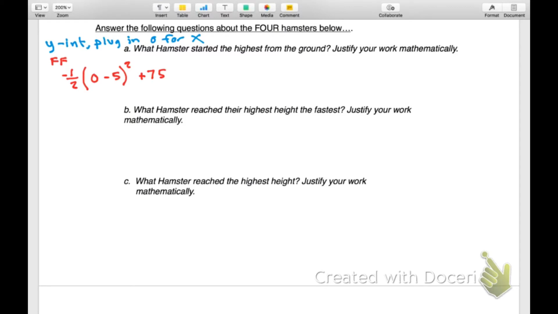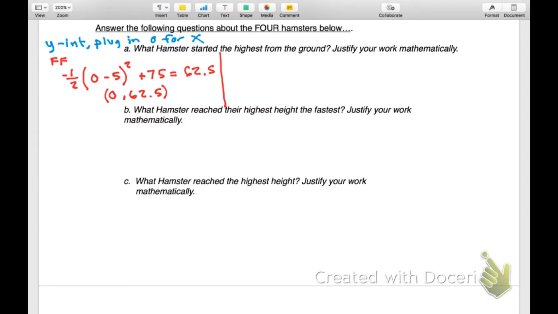I'll plug this into my calculator and see what I get. That equals 62.5. So we plugged in 0 and got 62.5, and that's our y-intercept, how high he started off the ground.